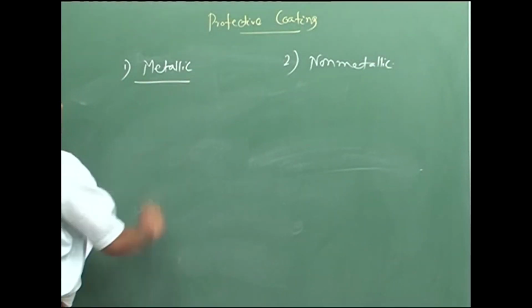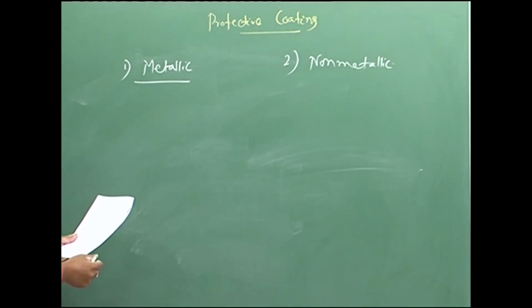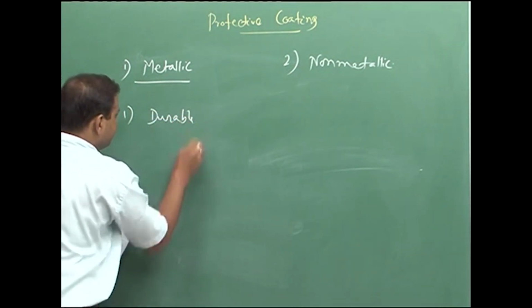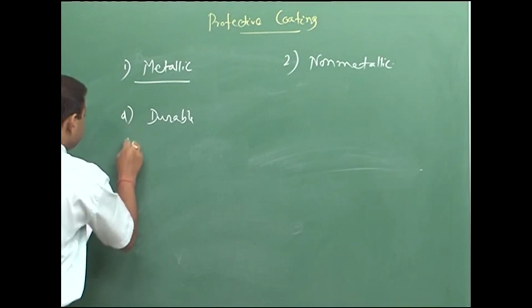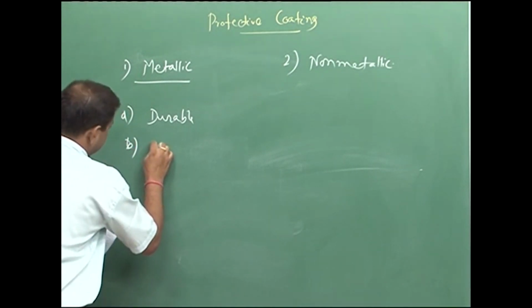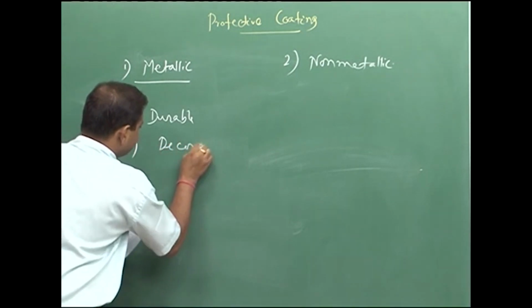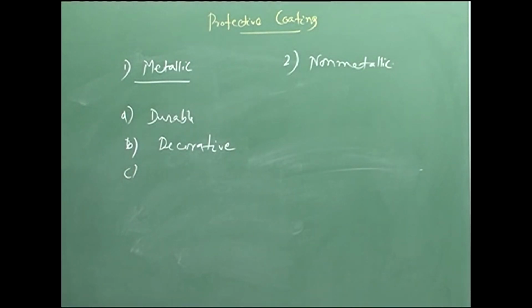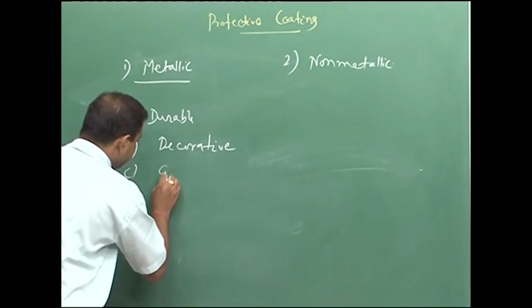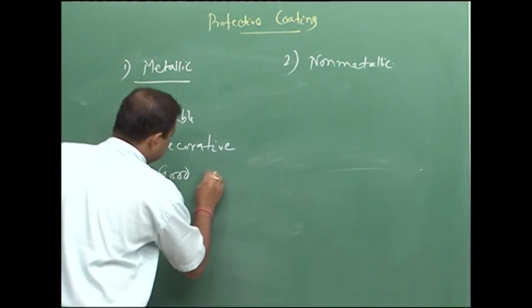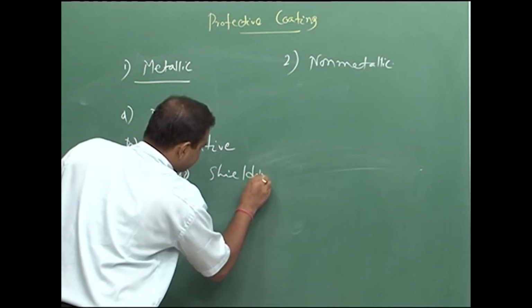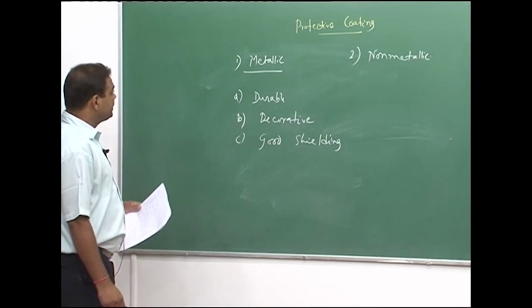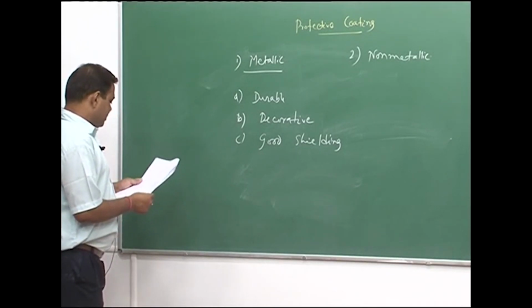Generally, the characteristics of metallic coatings are that they are more durable, the aesthetics are good, they are decorative, and they can give very good shielding against corrosion. So, these are the basic characteristics or importance of metallic coating.